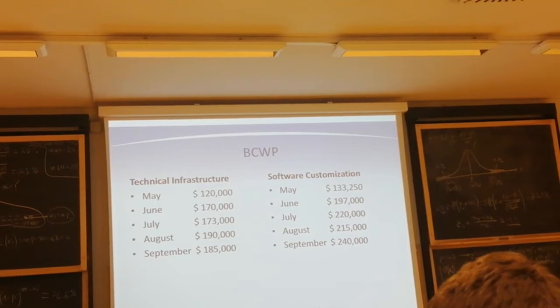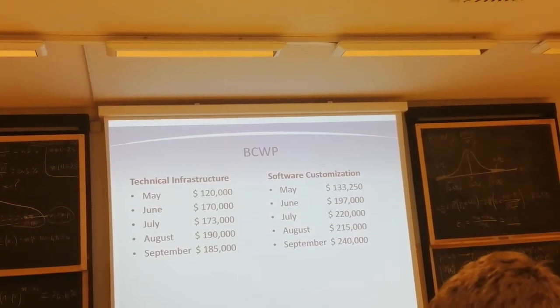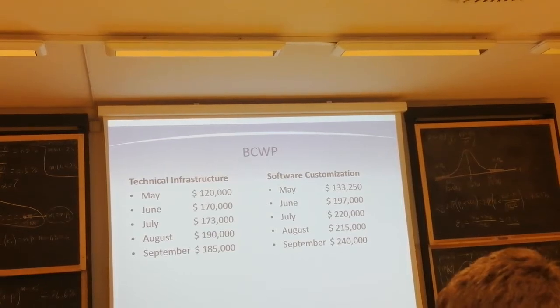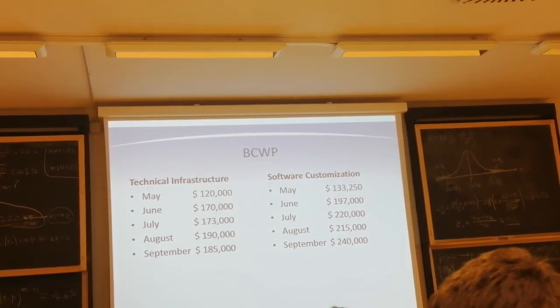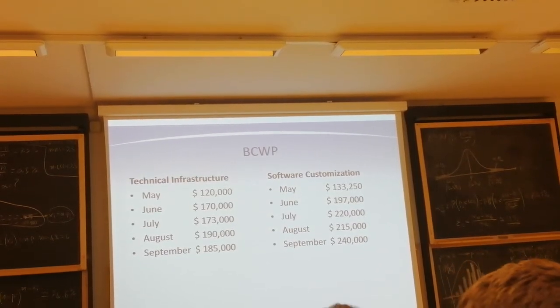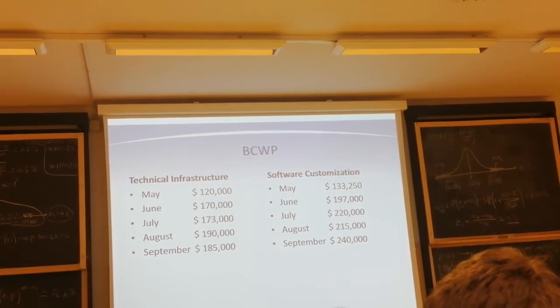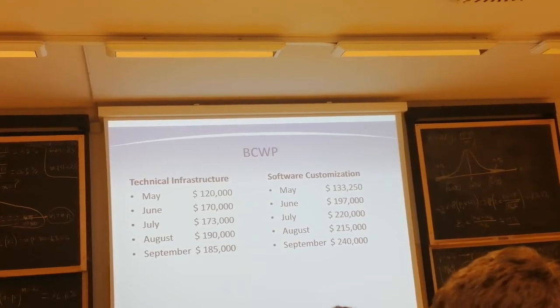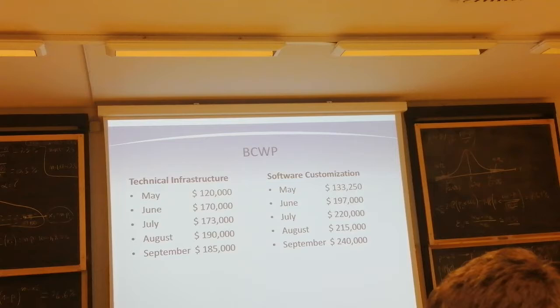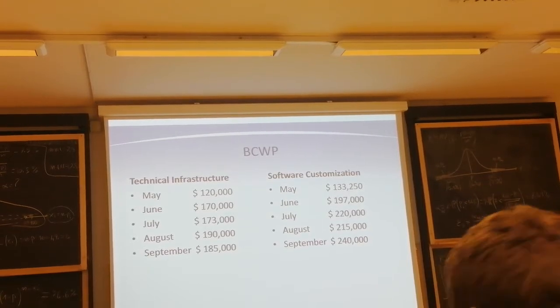So you can answer now. Are we spending more or less? And are we going faster or slower? ACWP is 216. BCWP is how much? 190.